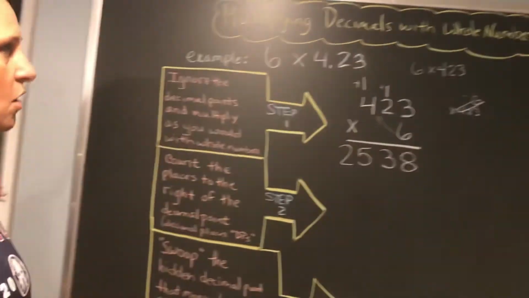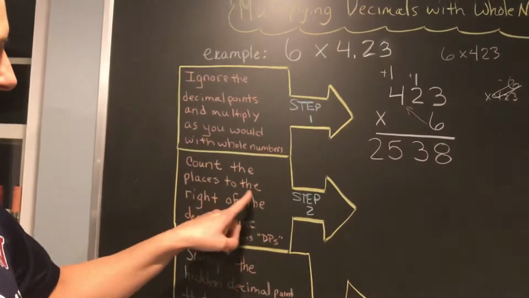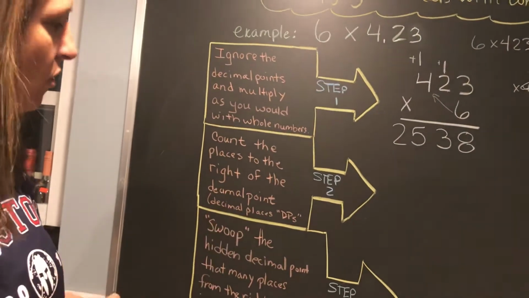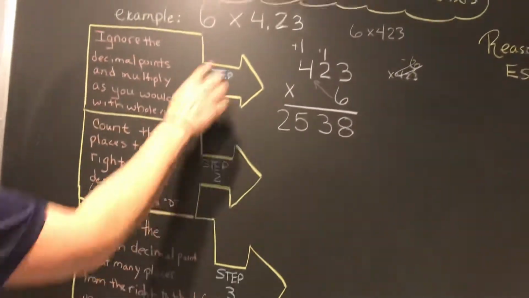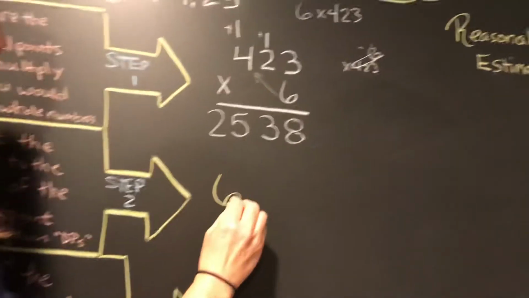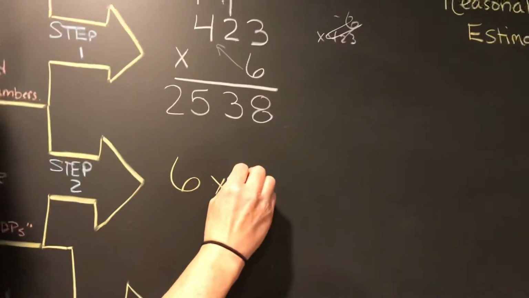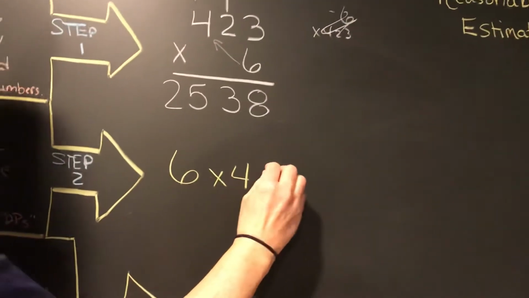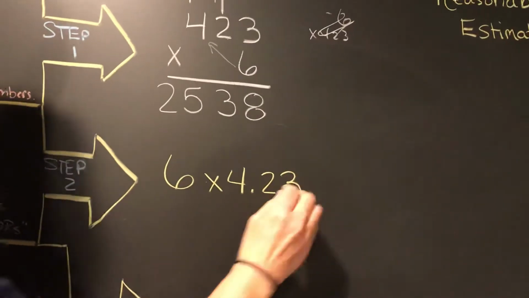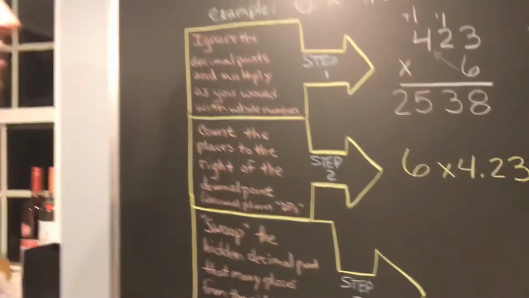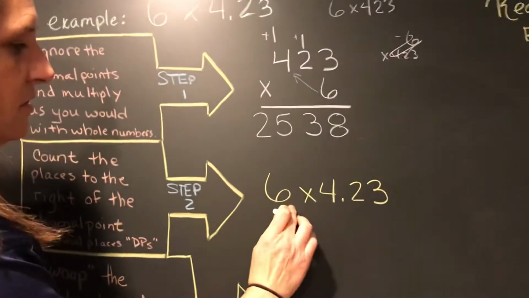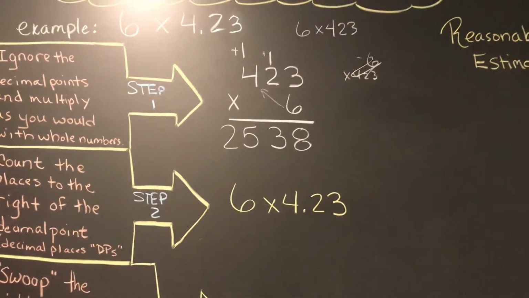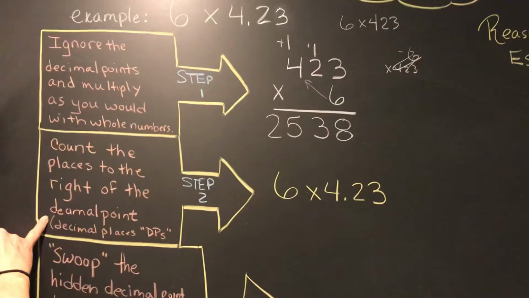In order to figure out where we're going to put that decimal point back into our answer, which we have to do, we're going to count the places to the right of the decimal point. So here's our example again, 6 times 4.23. I find it easier to count our decimal places when it's horizontal like this. Decimal places are places to the right of the decimal point.